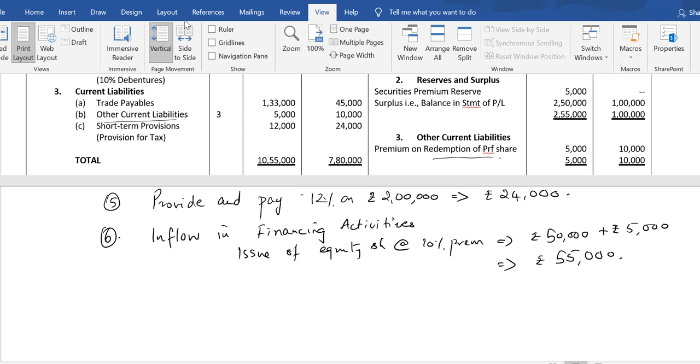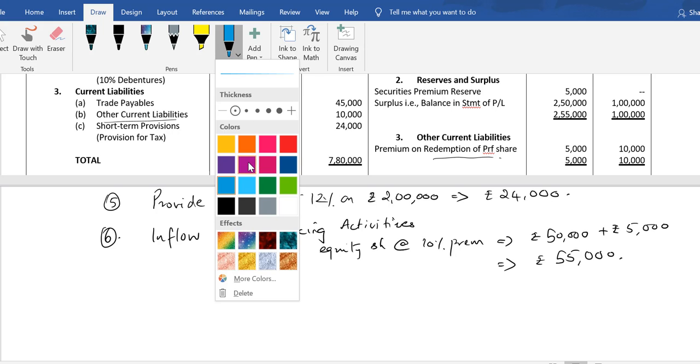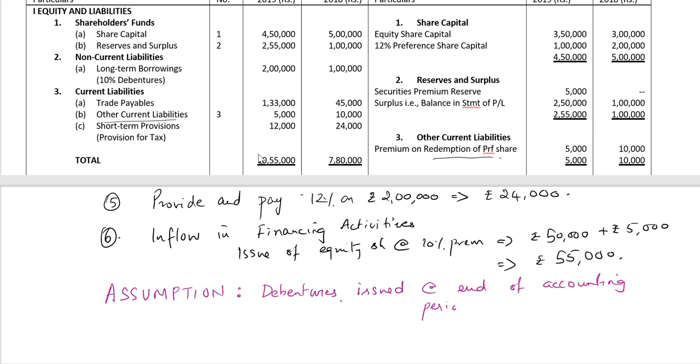So let's write down the assumption. Assumption: debentures have been issued at the end of the accounting period, which in this case is 31st March 2019.